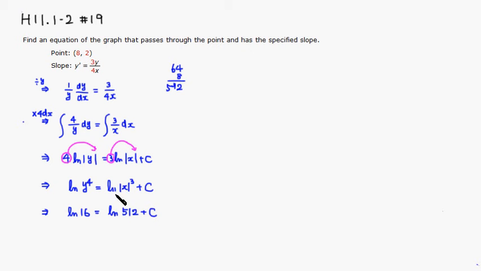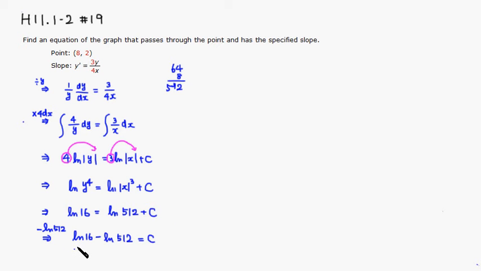So c is going to be natural log of 16 minus natural log of 512.